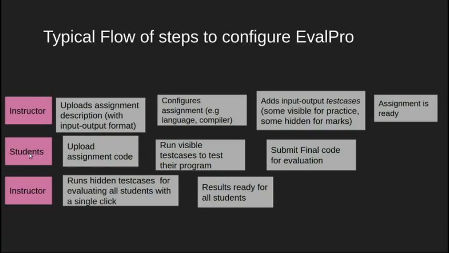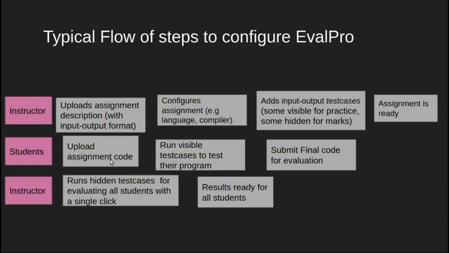Then the students will see the assignment. They will upload the assignment code. Once they are done with writing the code, they will run the visible test cases to test their program, and they can keep submitting until they are happy with how the test cases are performing, and then they can say that whatever code they have submitted is the final code for evaluation.